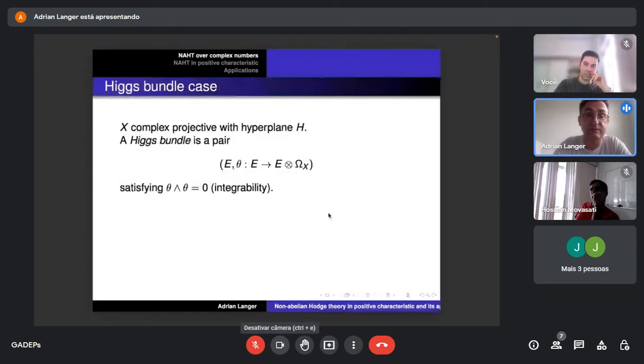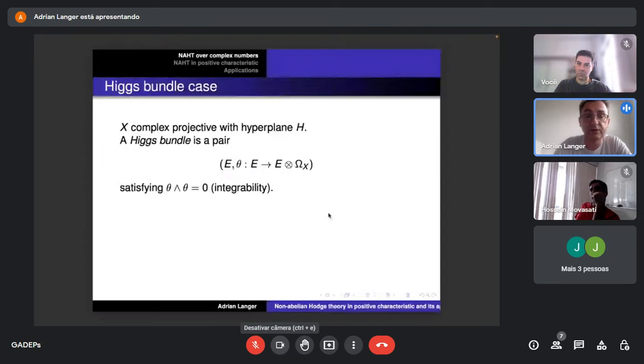But first, what's a Higgs bundle? If we have a complex projective variety, or really I don't care whether this is complex or not, it can be any smooth projective variety over some algebraically closed field with an ample divisor. In this case, a Higgs bundle is just a pair consisting of a torsion-free sheaf, or vector bundle, but I really define it rather like a Higgs sheaf and not a bundle.